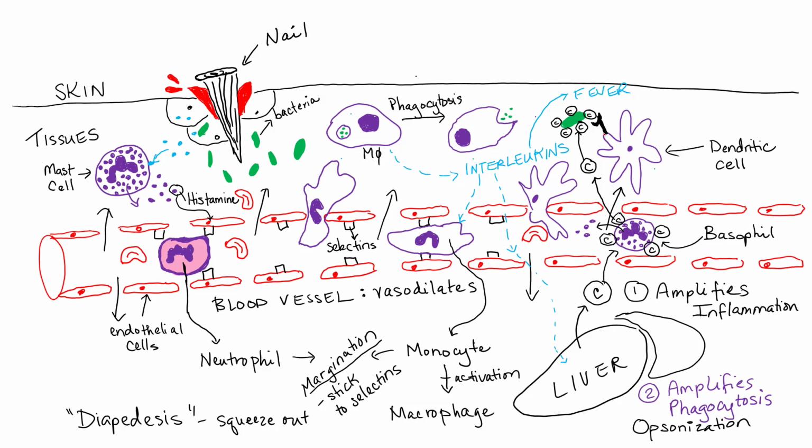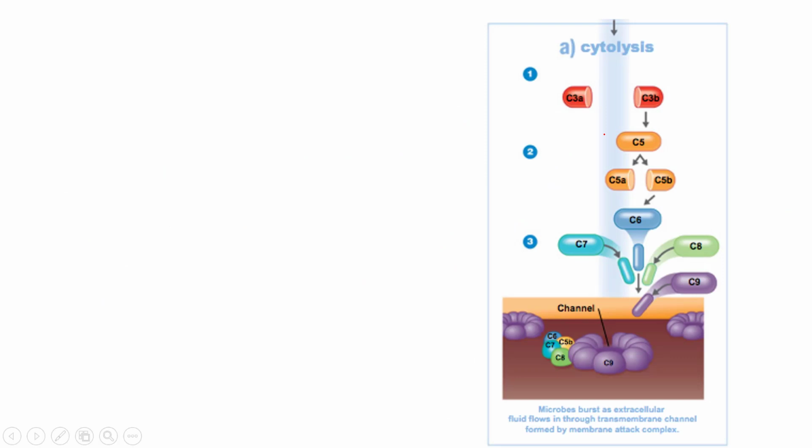Okay, so this slide is getting kind of busy. Let's go to the next slide. And in this picture, we're going to describe the third thing that complement does. So let's summarize what we've learned so far in this video on complement. Remember, it's complement with an E, and it means that it's going to be helping.